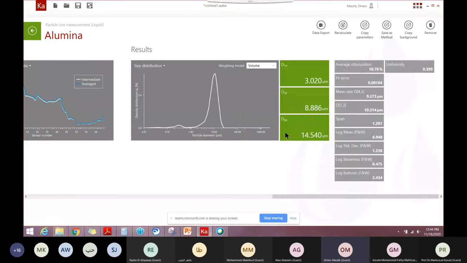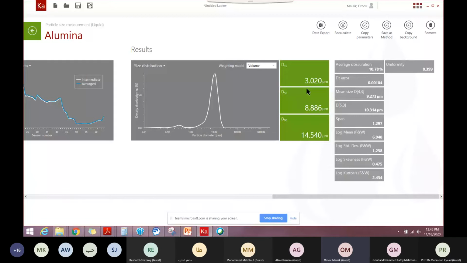Now I will explain you the meaning of D10, D50, D90. So whatever we are measuring using this particular technique, we are basically measuring the cumulative distribution of particle size. So D10 would mean that 10% of particles are lesser than 3 micrometers.